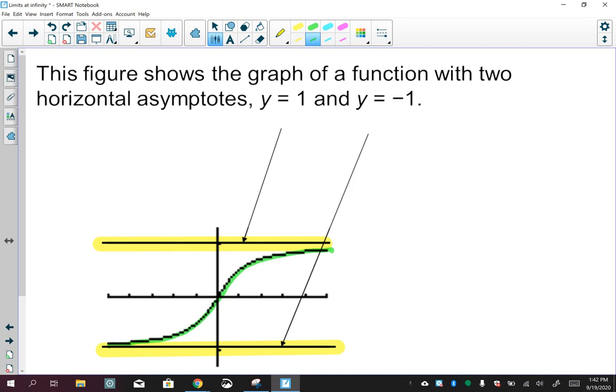And as I'm going off into positive infinity in that direction over there, I'm running along that line of that one value. So as my limit, as x goes to infinity of whatever this f of x function is for this one, I am actually approaching positive 1.